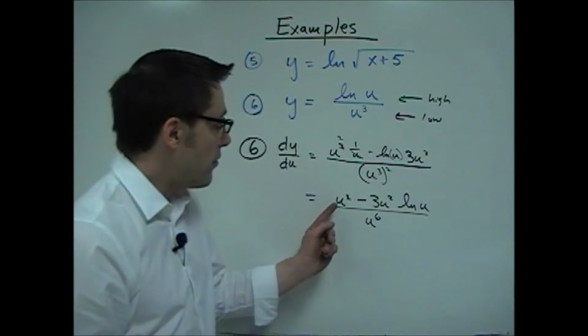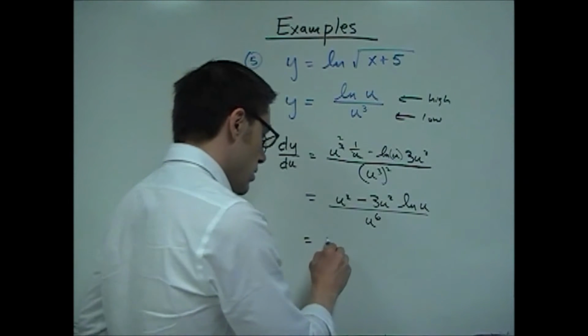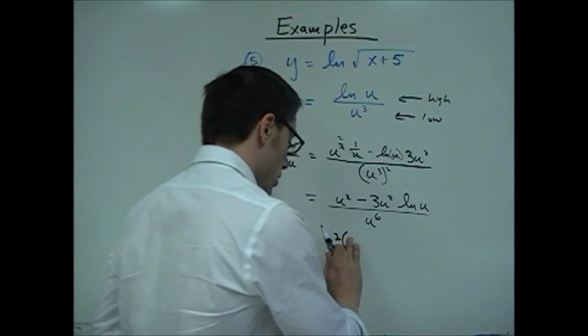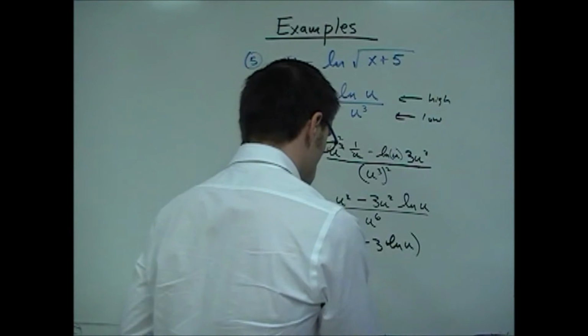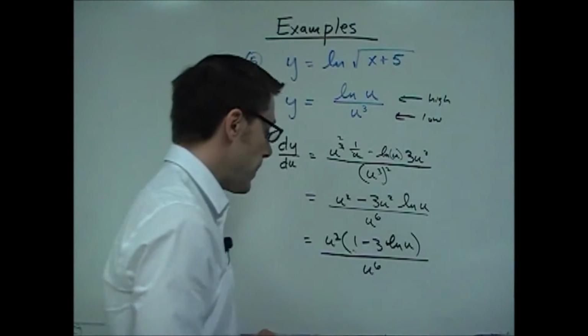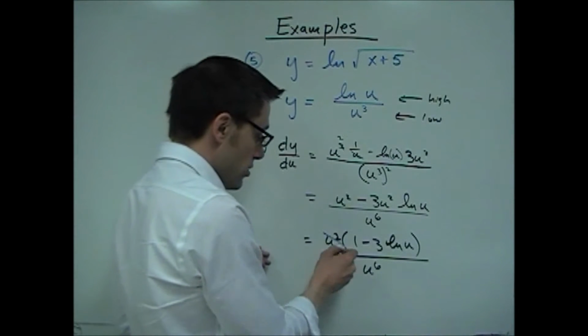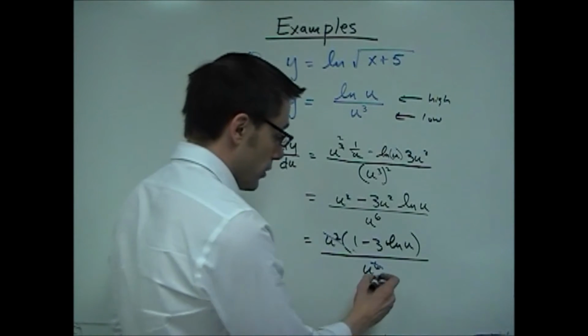Now notice that I have 2 u's that are common here, so I can factor that out of the numerator. So I've got u squared that comes out of the numerator. I've got here 1 minus 3 log of u divided by u to the 6th. And now I can definitely cancel out some of these u's, right? This one goes away, and 2 of them go away here, so I have 3 left over.